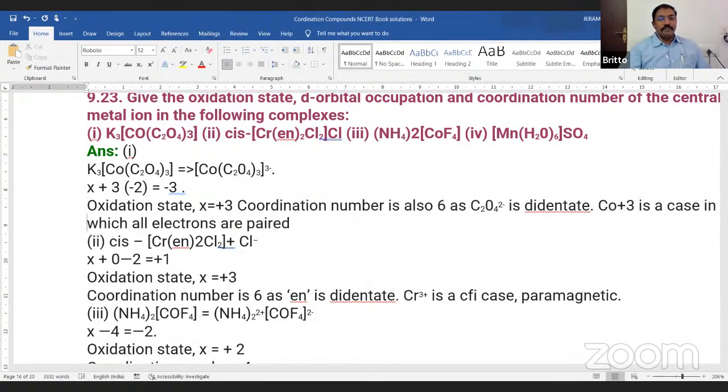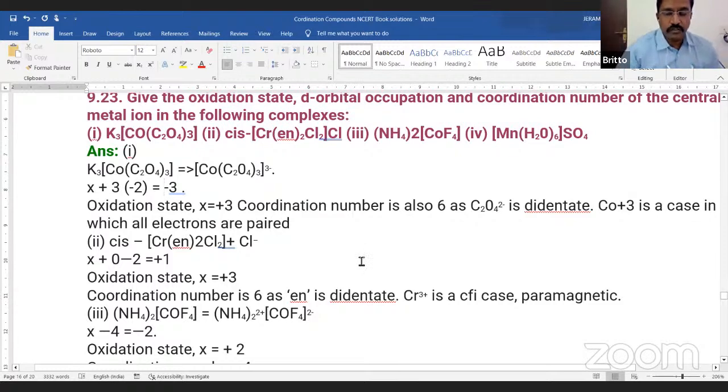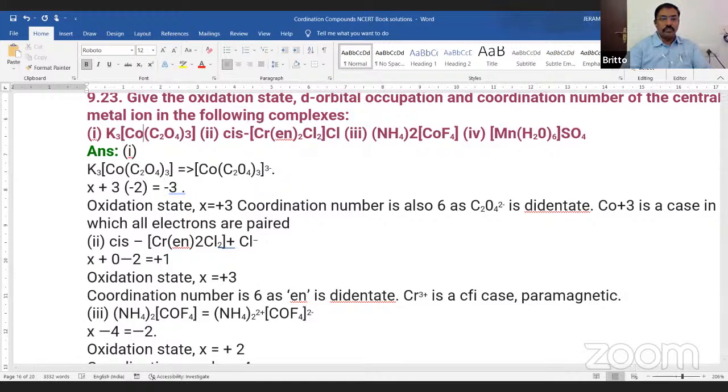So what is X? We put cobalt X, and then three times minus 2 for oxalato. Each oxalato carries minus 2, so 3 times minus 2 is minus 6. That is equal to the overall ionic charge. It's an anionic complex. The complex ion charge should be minus 3 because K3 is there.